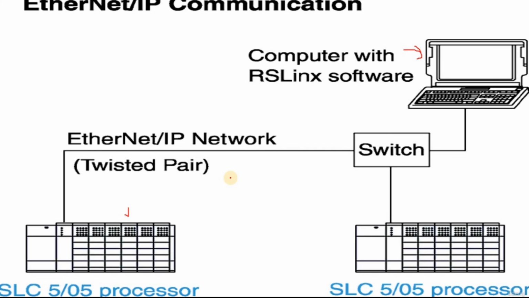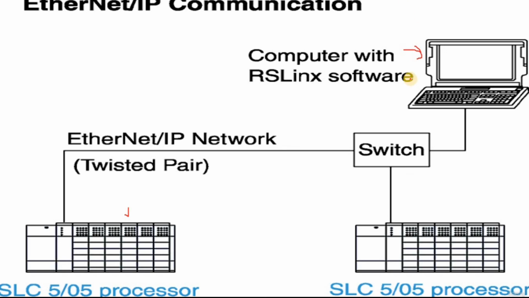In the MicroLogix type PLC you can find IP addresses just like our computer has. Once we have interfaced both systems, we have to know some basic things about Ethernet. By using Ethernet we can establish two-way communication like the RS-232 communication cable.